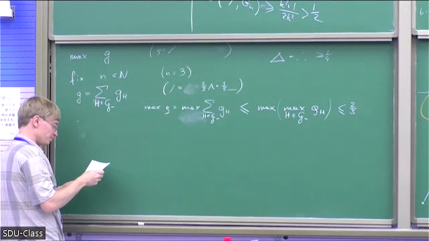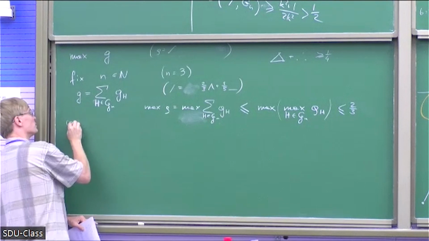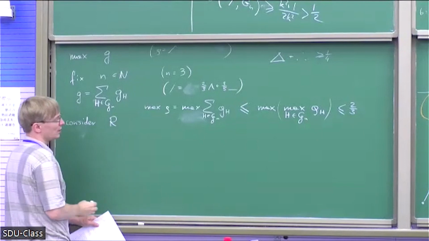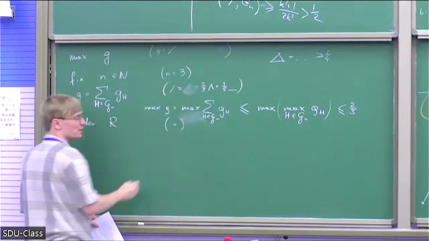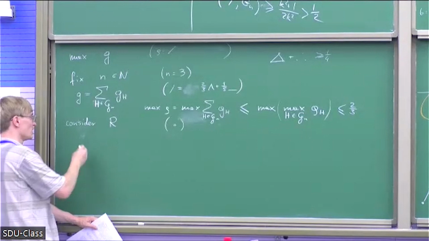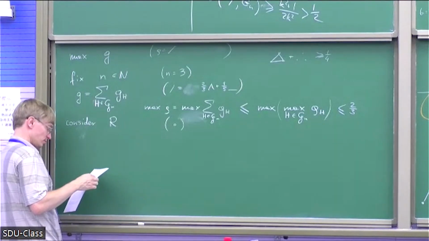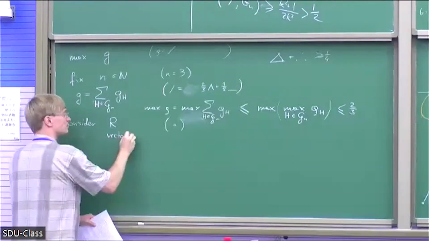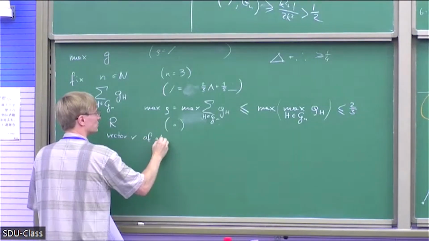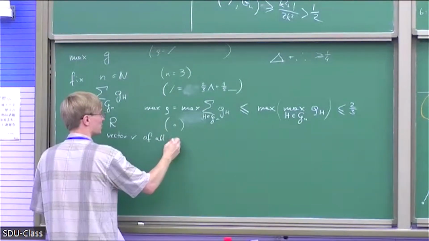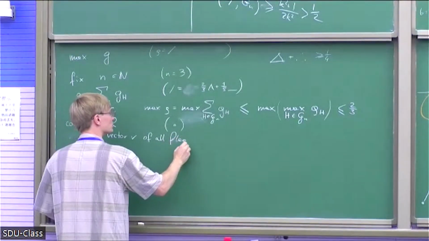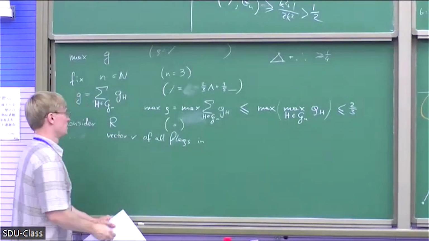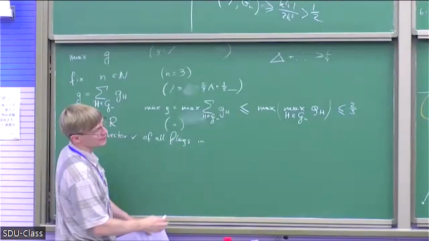So I'm considering some fixed labeled graph. In my case, it was just a rooted vertex. Then the vector of all flags of bounded size.